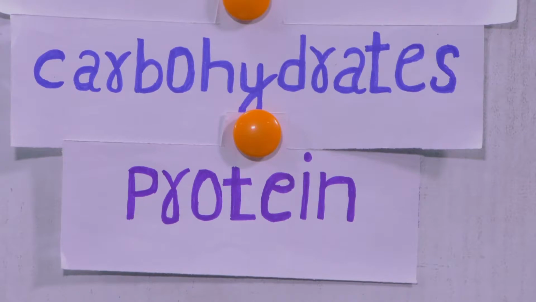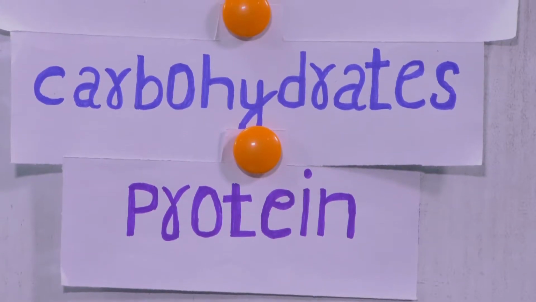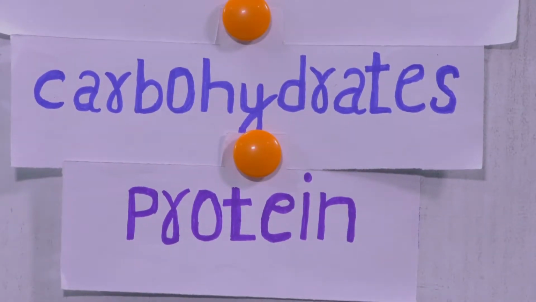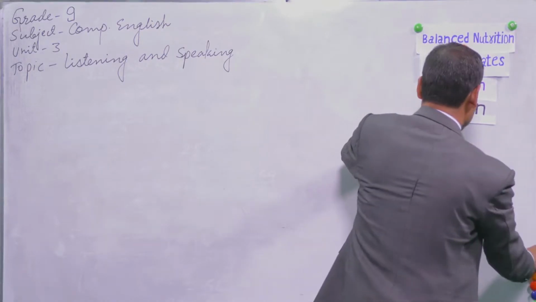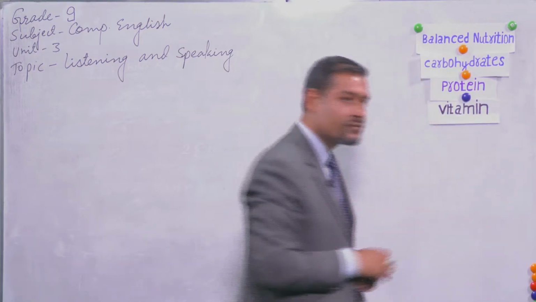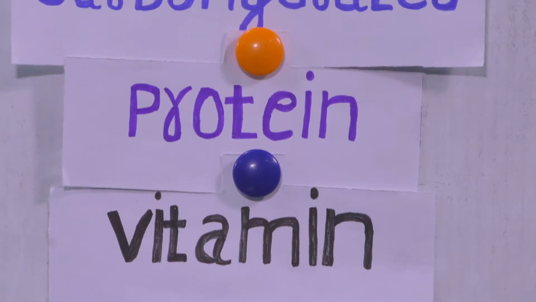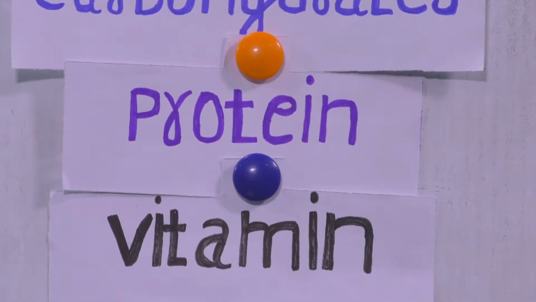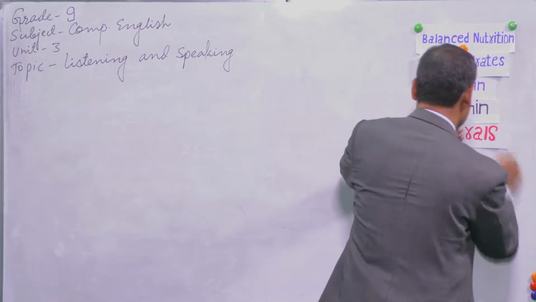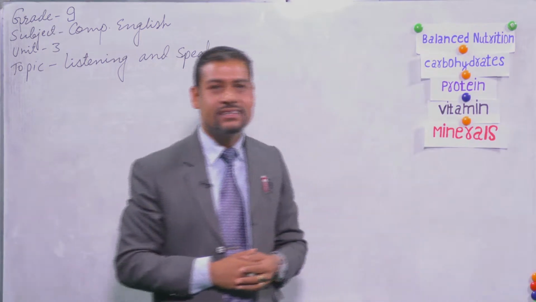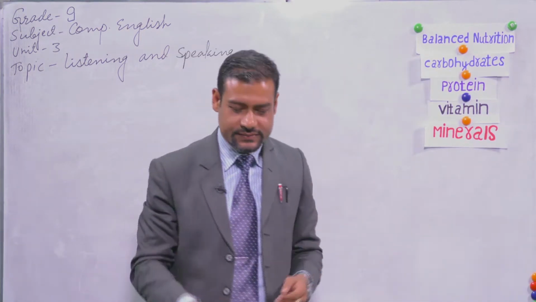So what is that? Protein, good. And again, another thing that we need. What is it? Vitamin, good. Again, can you guess? Let me show. See, what is that? Minerals, good.